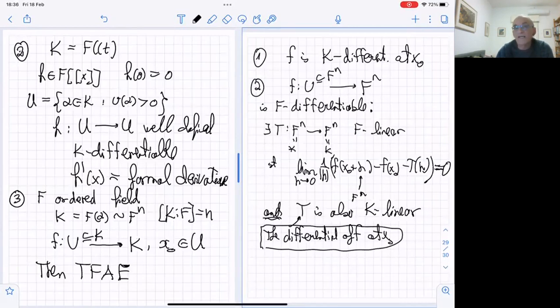Among all the F linear functions from F^n to F^n, there are some which are also K-linear, which is much stronger, of course. It just comes from a multiplication by a scalar.